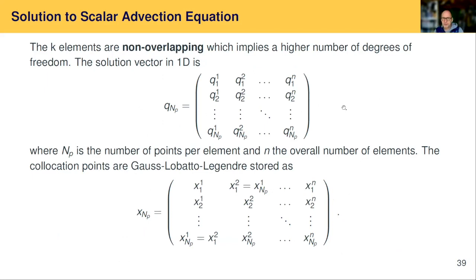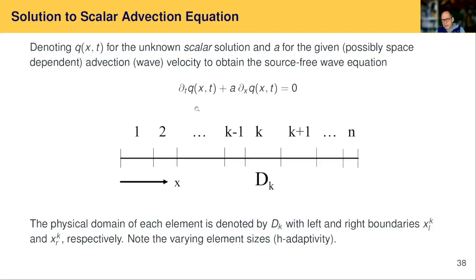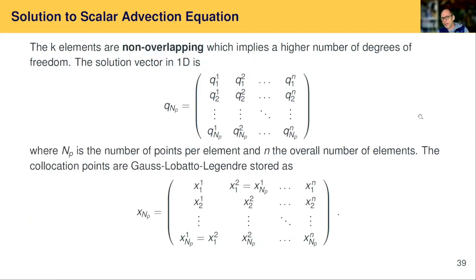Okay, if we formulate the problem like this, we have elements, and in each element, like the first element here, we not only have 2 points at the edges, but a vector of points, expressed in this way. So the unknown vector is no longer a vector of unknowns along one line, but a matrix with polynomial coefficients for each element.